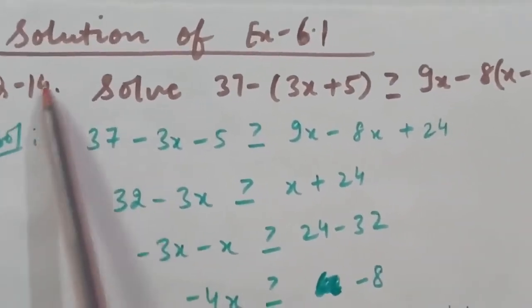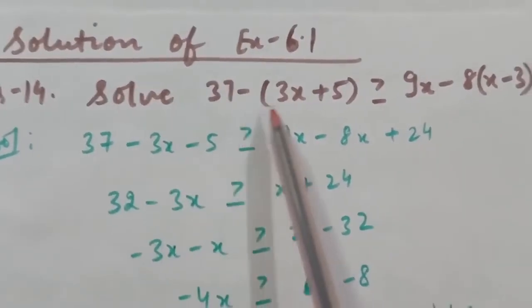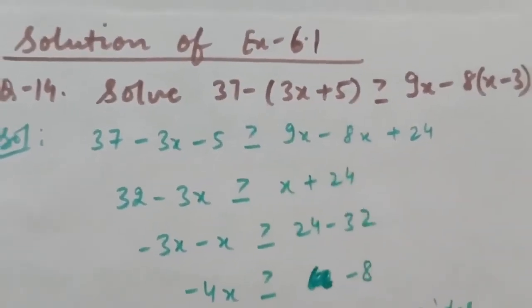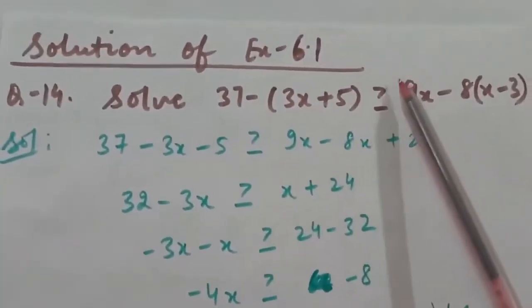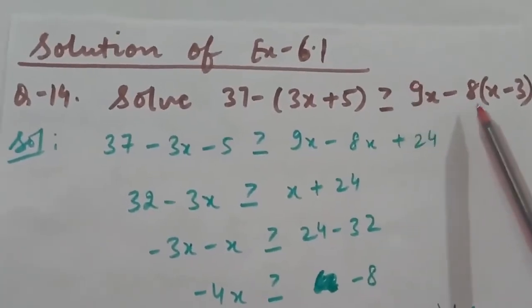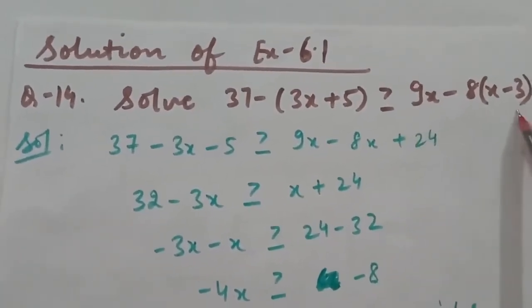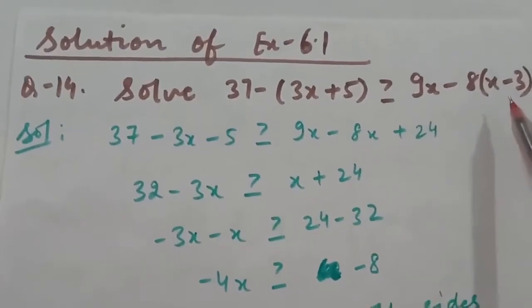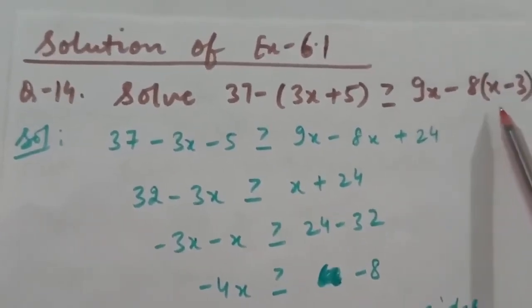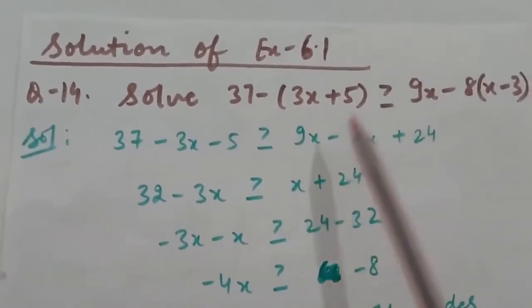Question number 14. Solve 37 minus (3x plus 5) greater than or equal to 9x minus 8 times (x minus 3). So we have to solve this inequality. For this, first of all, we'll solve the brackets.